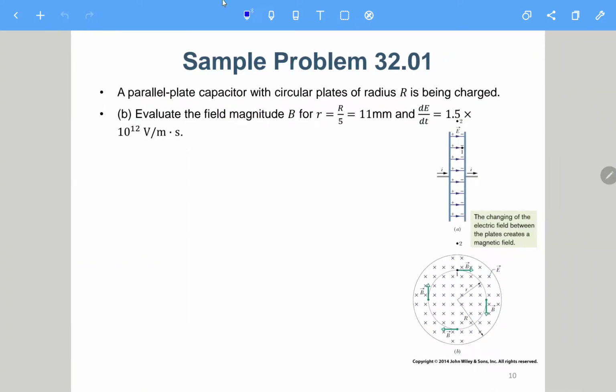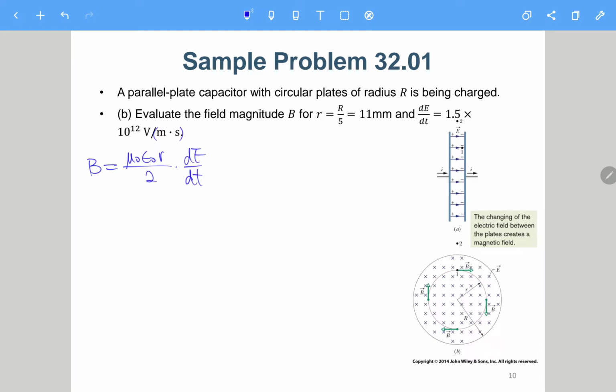Okay. So next it asks you to evaluate the field magnitude B for r equals capital R over 5, which is 11 millimeter. And dE/dt is 1.5 times 10 to the 12 volt per meter per second. So actually, we just need to substitute the numbers into the expression we just obtained.